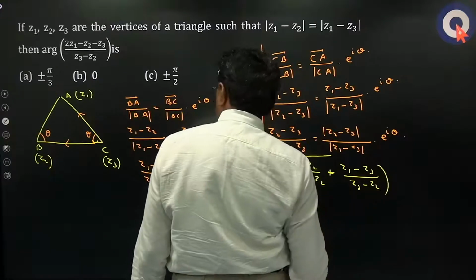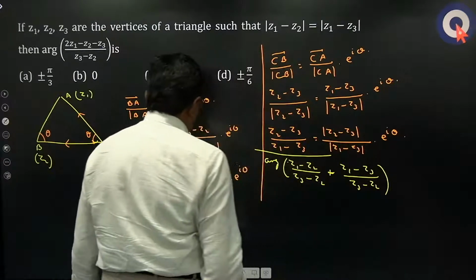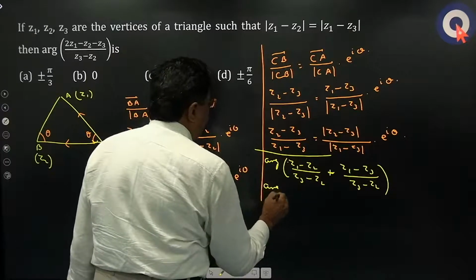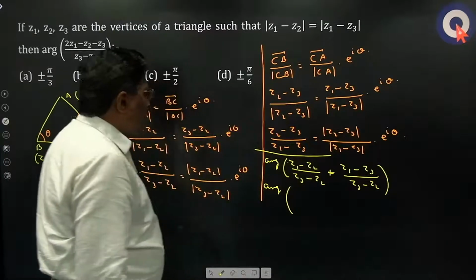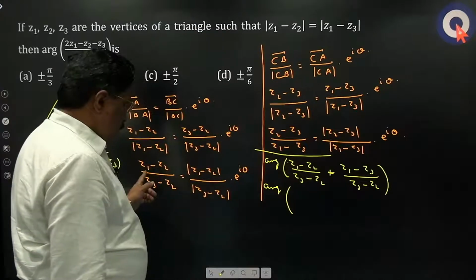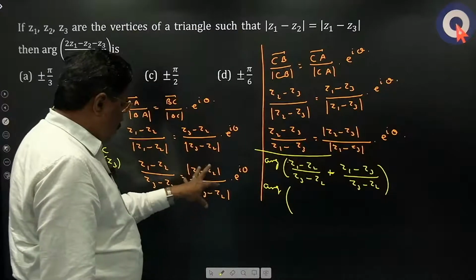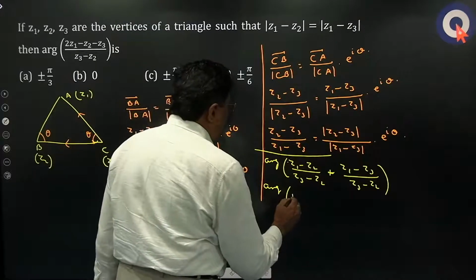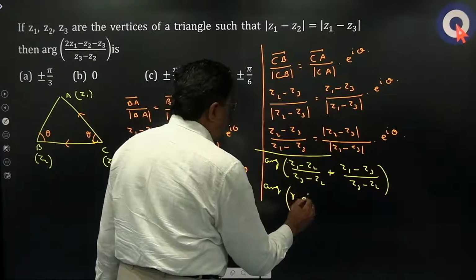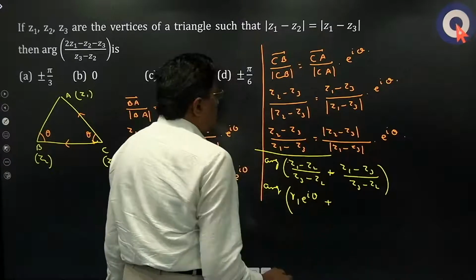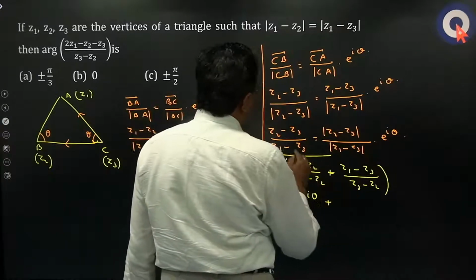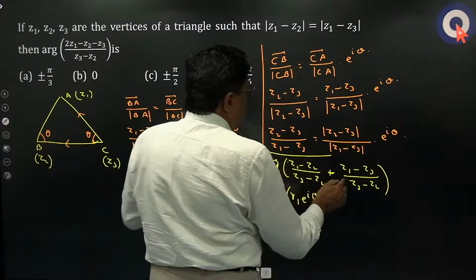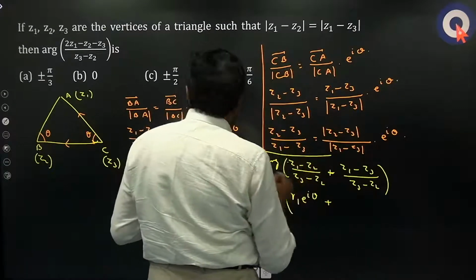This is what we want. Okay. So the argument of Z1 minus Z2 by Z3 minus Z2 is some scalar, some real number, into e power I theta. Let that real number be some R1 into e power I theta, plus Z1 minus Z3 by Z3 minus Z2. So you can see here Z2 minus Z3, so we get a negative sign here.